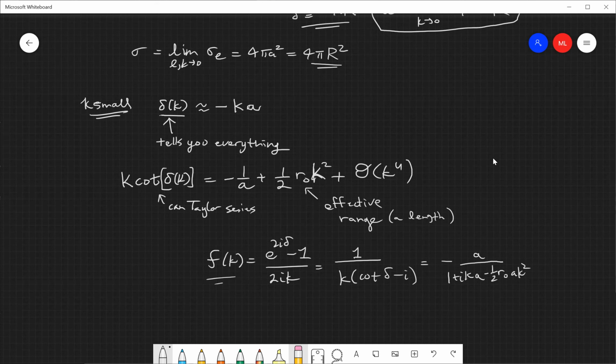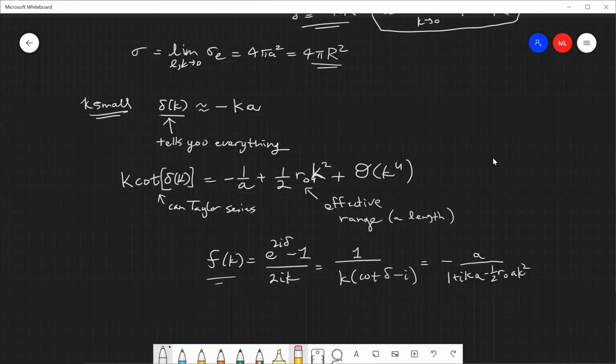Again, it's important to keep track of what's going on. S-wave means only the l equals 0 modes. And within that approximation, you're looking at small incoming momentum, but there are various degrees of that. You can look at the k goes to 0 limit. That's when you get the scattering length.